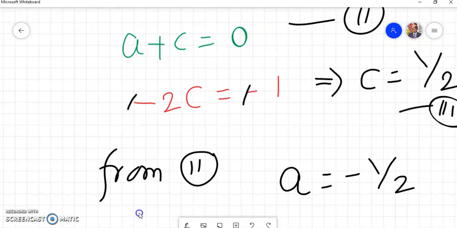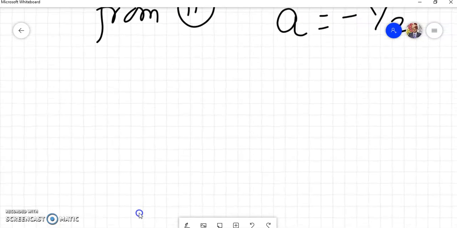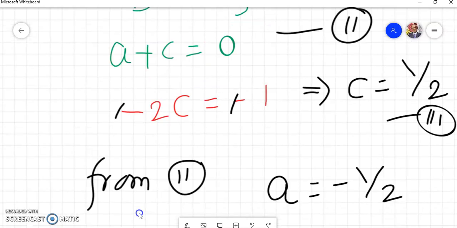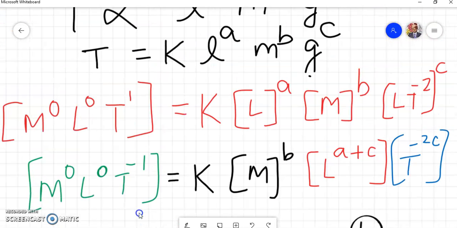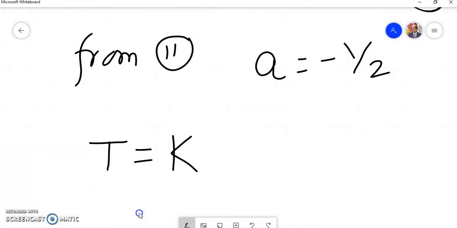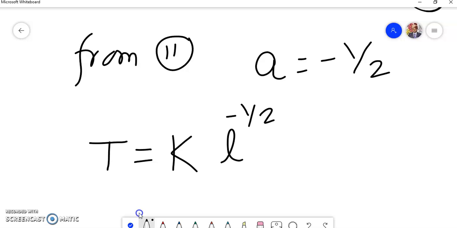So lastly we get that T is equal to K times. Now as I can see from the top, L was to the power A, M was to the power B, and G was to the power C. So L to the power A is how much? Minus 1 by 2.